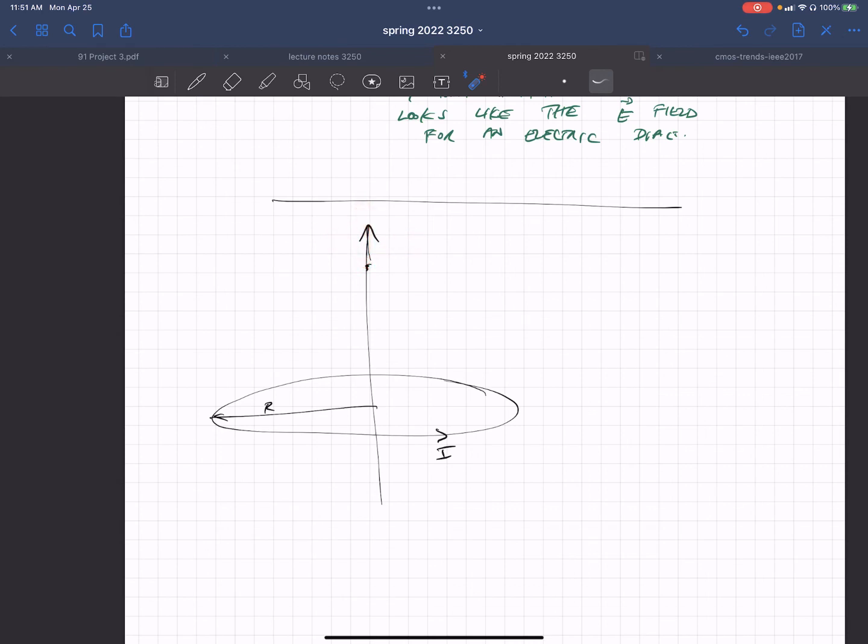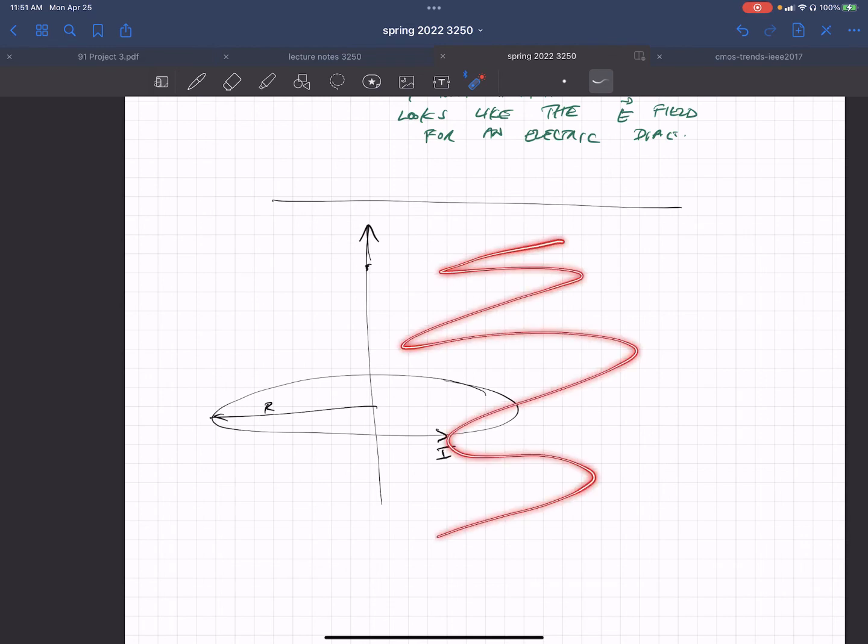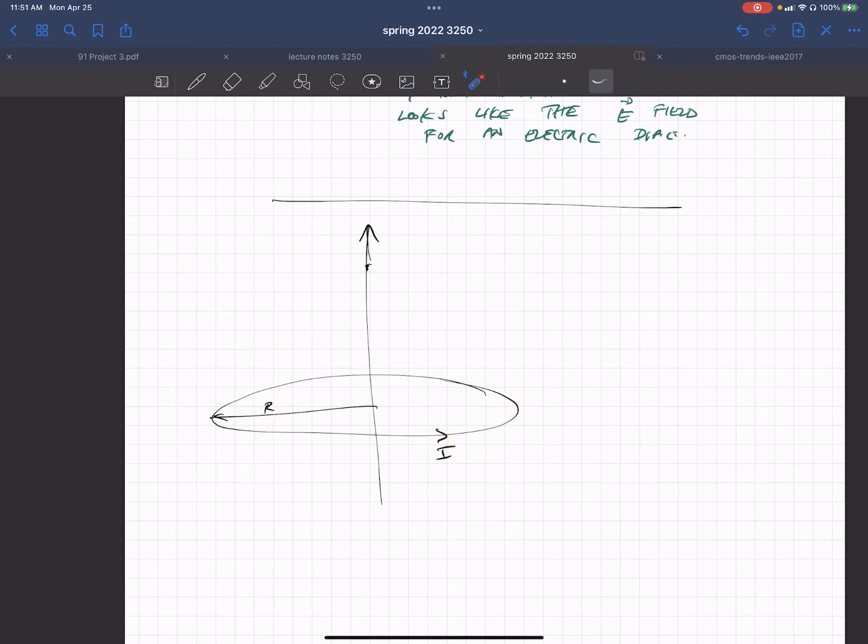That's why it's more difficult to calculate the magnetic field anywhere else.